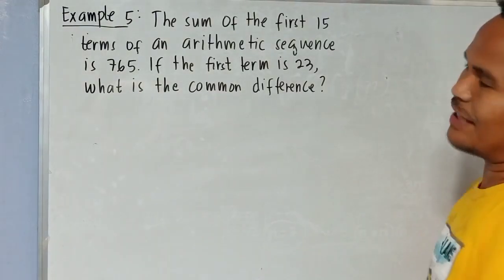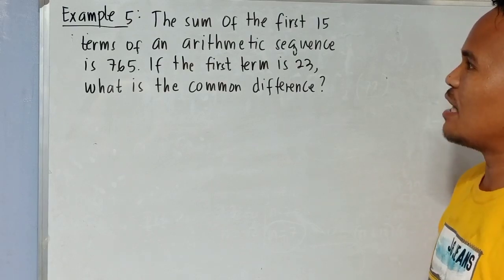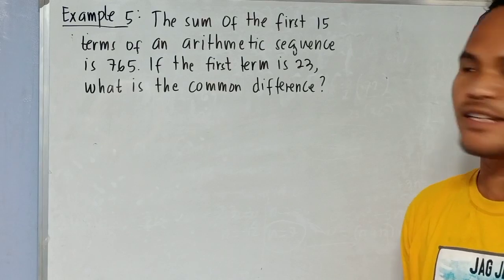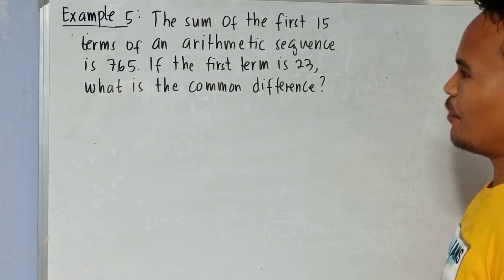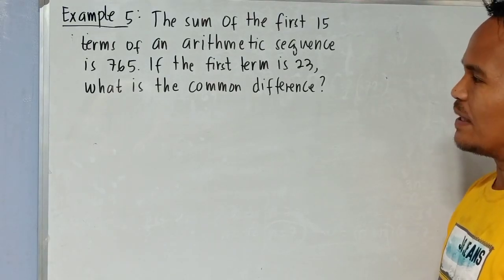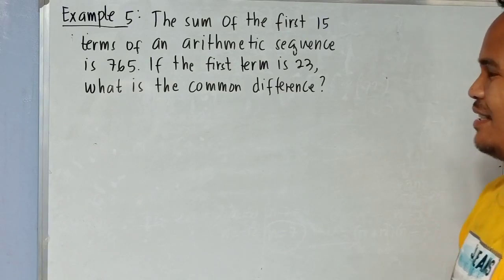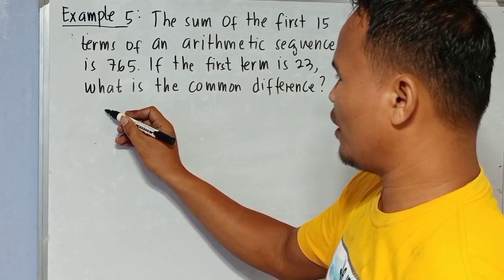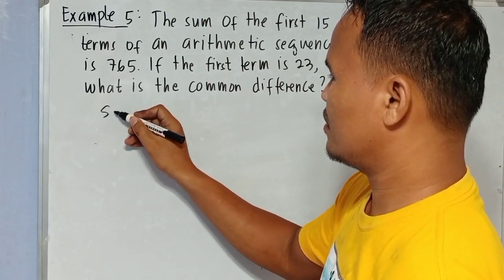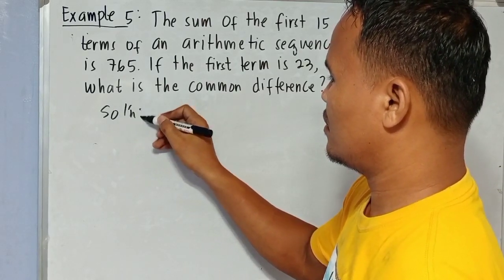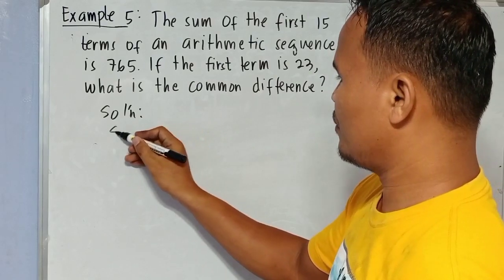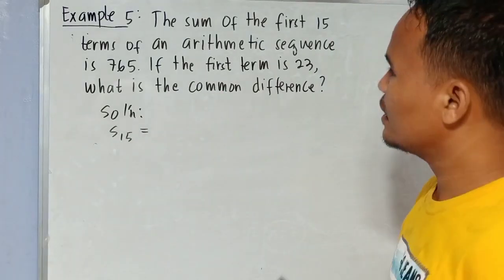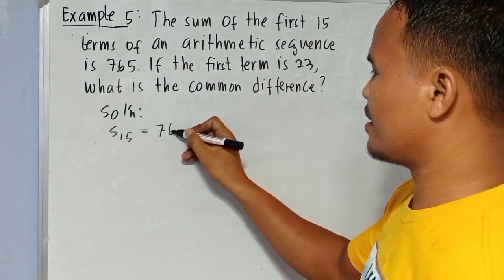Okay, let us have example number 5. The sum of the first 15 terms of an arithmetic sequence is 765. If the first term is 23, what is the common difference? So let us solve. The sum of the first 15 terms, that is S sub 15, is 765.